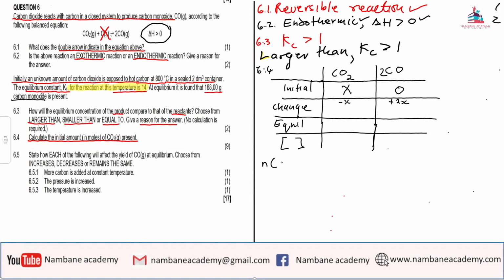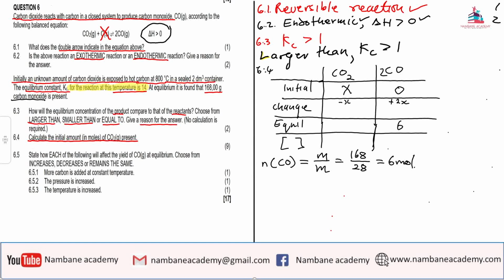We can get the number of moles of carbon monoxide. n is equal to m over M. The mass here is 168, carbon monoxide is 28, then this gives us 6 moles. That is now at equilibrium, 6 moles.